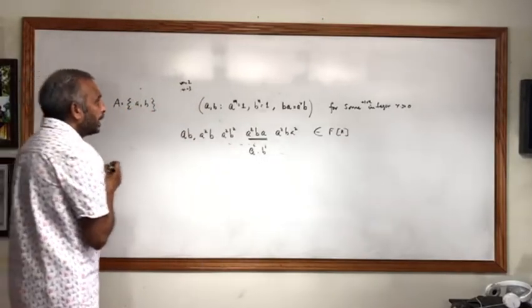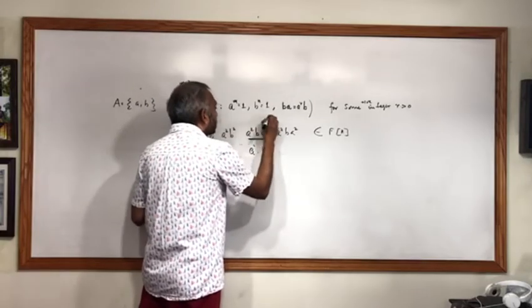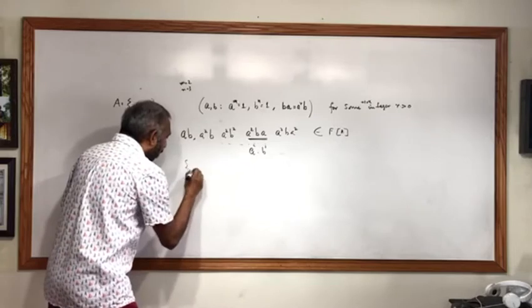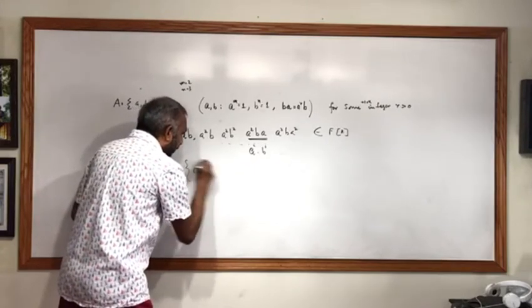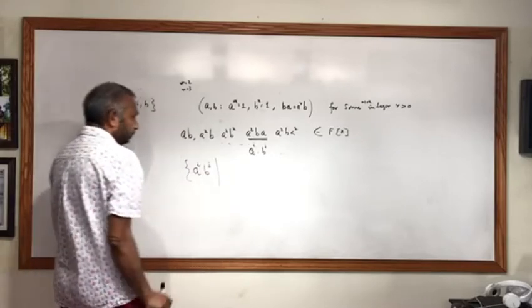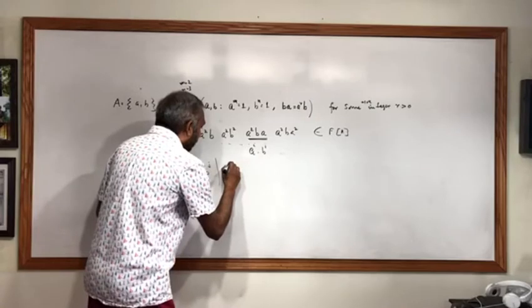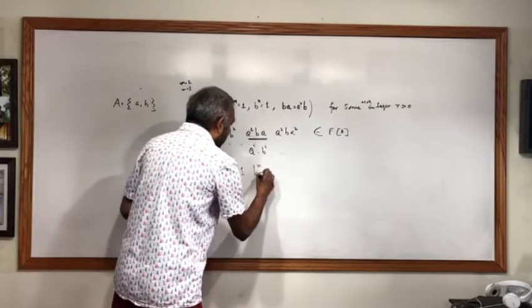The basic idea is to list the elements of the group in the form a^i b^j, where a^m = 1 and b^n = 1.